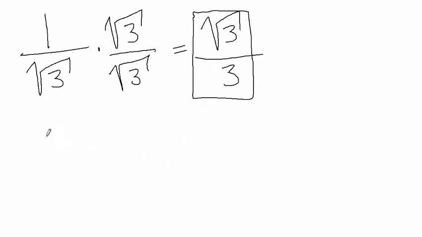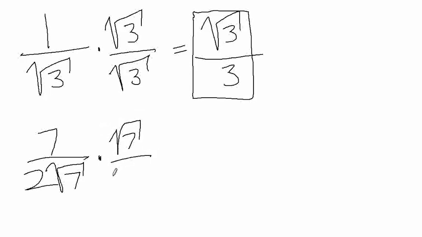Now, if we have 7 over 2 root 7, we have a radical in the denominator and we have something multiplying it. We're still going to use the same procedure. Multiply the top and bottom by the radical.